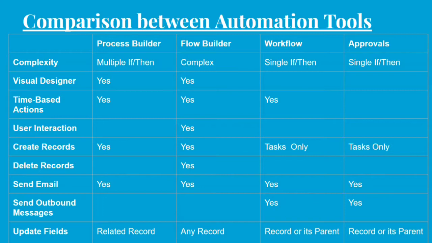There are a few more criteria which you can think of and analyze, and then you can decide which automation tool is best for that particular use case. You can use 2 or 3 of these for different use cases in your organization.